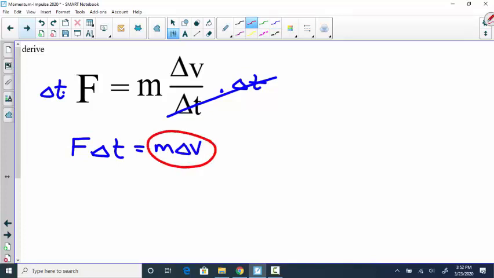Well, here, ladies and gentlemen, is change in momentum.